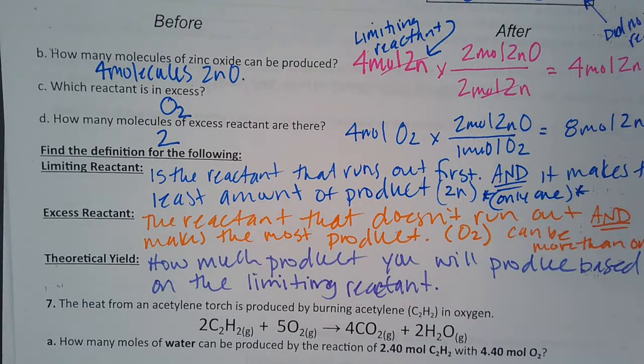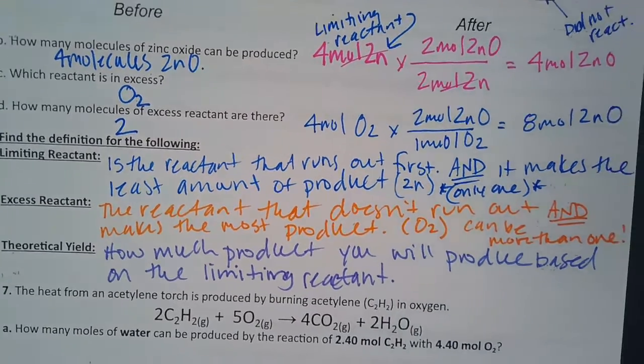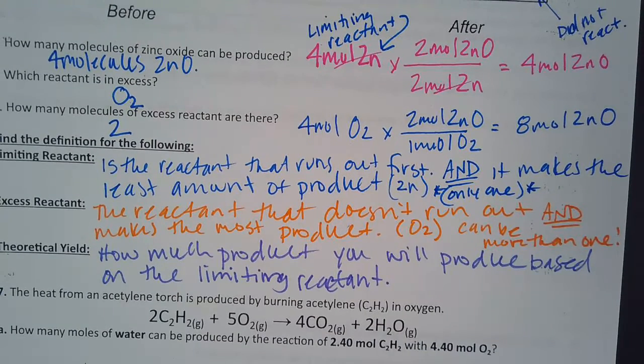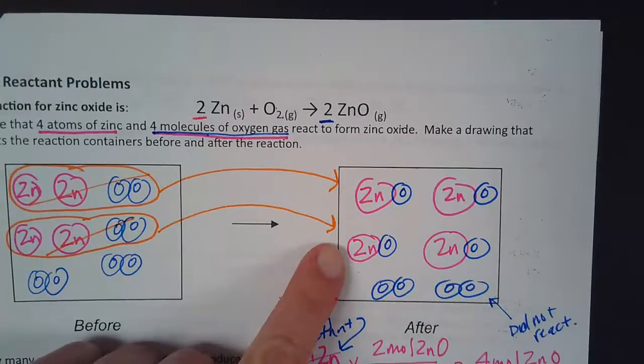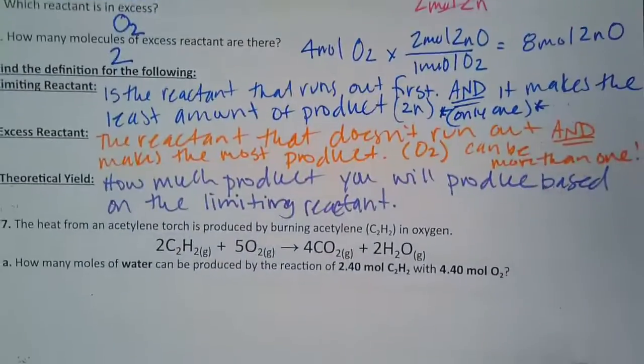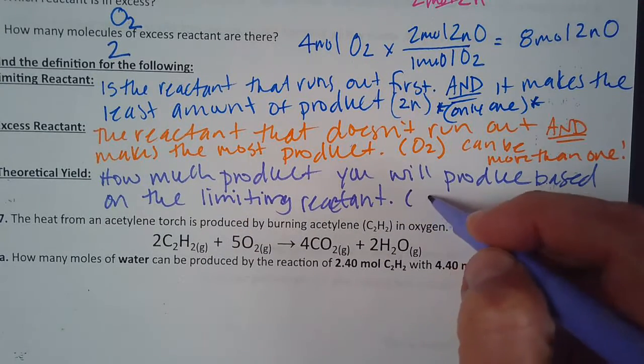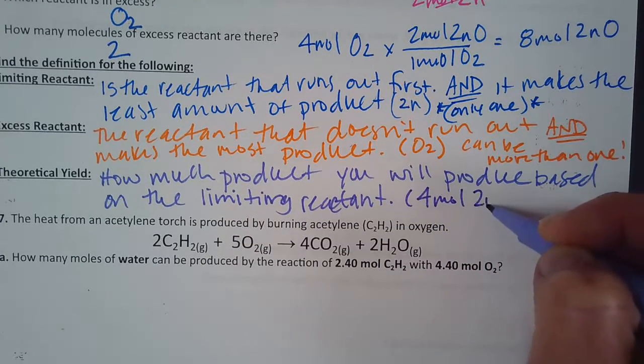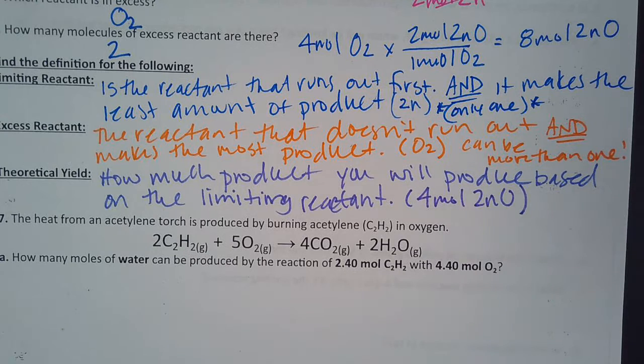So in our case, what was our theoretical yield for that? For our picture up here, 4 moles of zinc. So the 4 moles of zinc is our theoretical yield. So I'll put that in parentheses. Zinc oxide, I should say. 4 moles of zinc oxide.